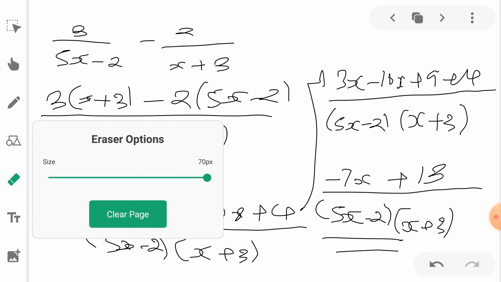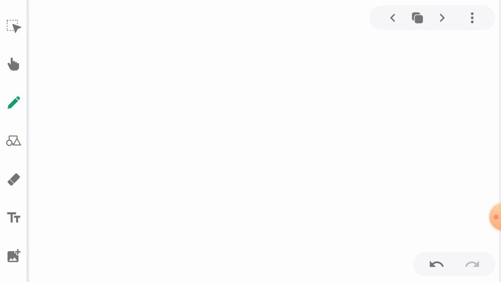Question 4b says evaluate the integral from 2 to 5 of 3x squared plus 2x. So you've been told to integrate, then find the area of a curve.